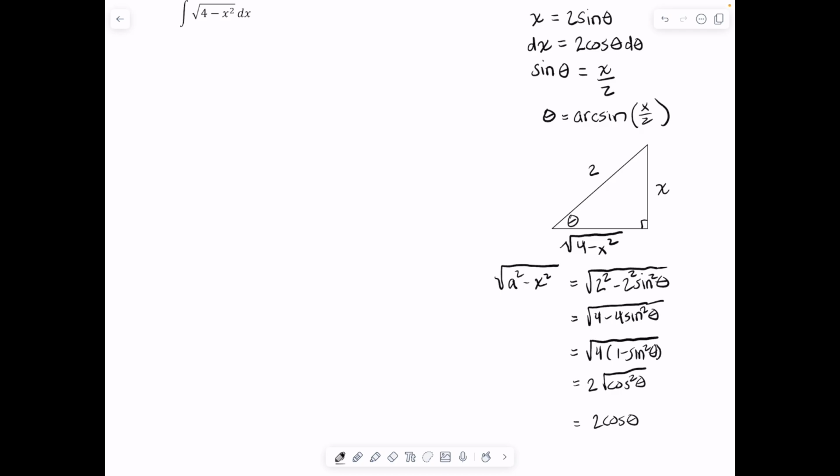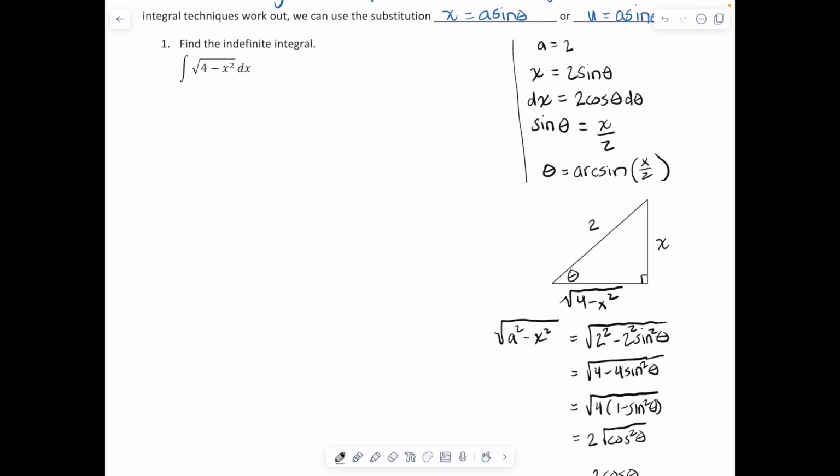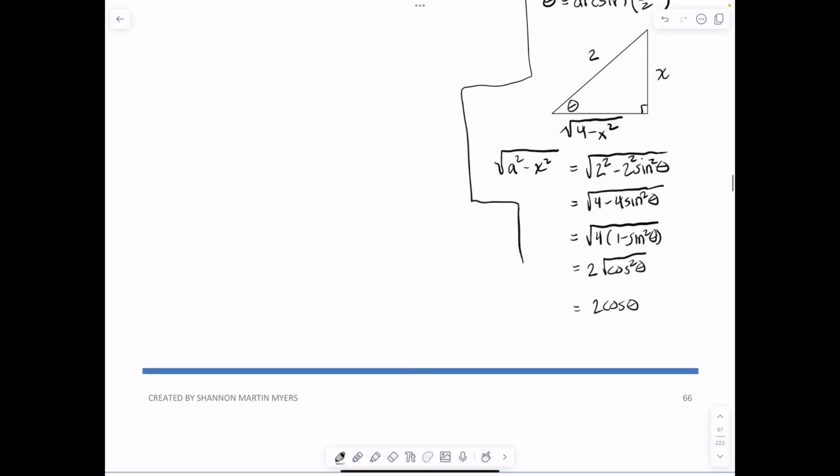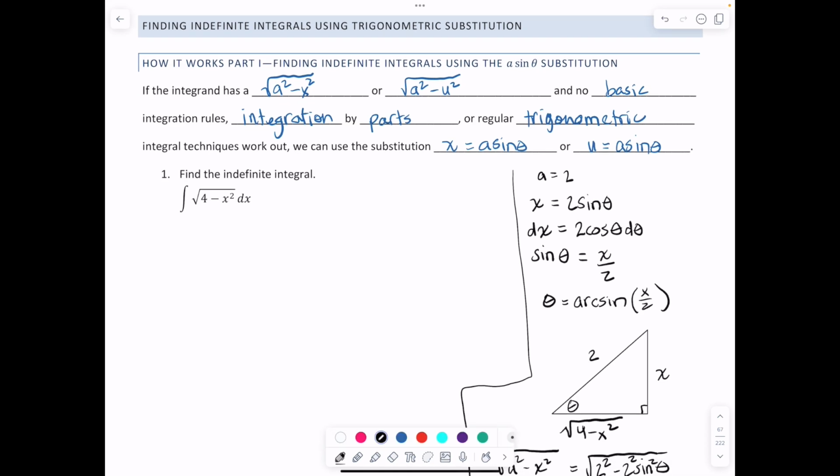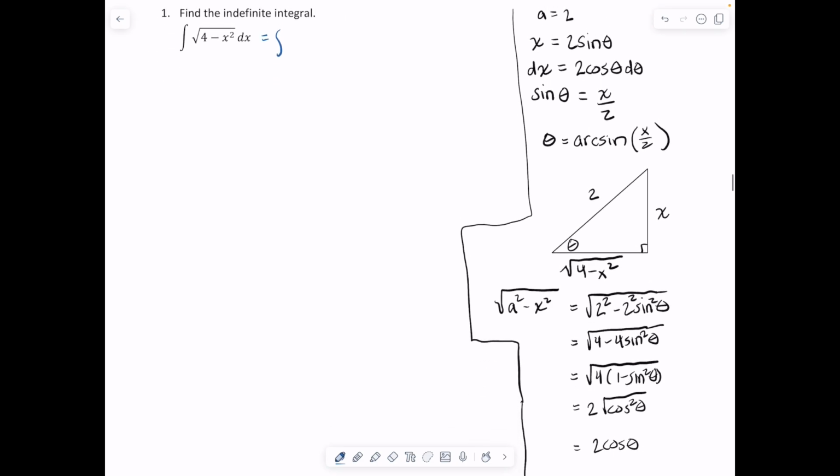Awesome sauce. So we have all this useful info on this side of the page, and then we'll come back to working our integral. So here we go. This will equal the integral of, we just found out what our a squared minus x squared was over here.